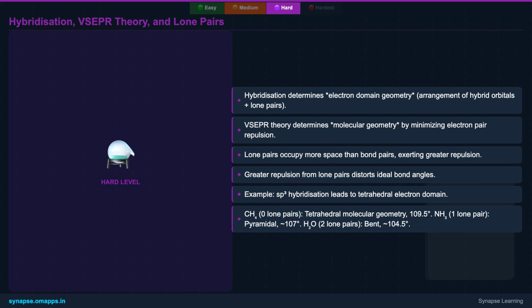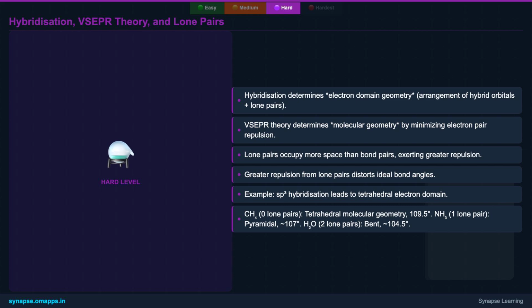VSEPR theory then refines this by considering the repulsions between these electron domains. Lone pairs, due to their greater spatial distribution, exert more repulsion than bond pairs. This increased repulsion pushes the bonding pairs closer together, distorting the ideal bond angles.